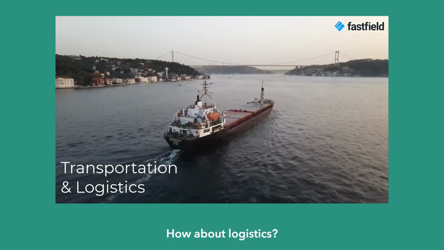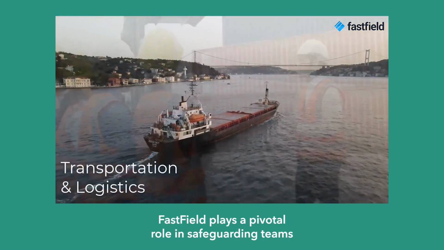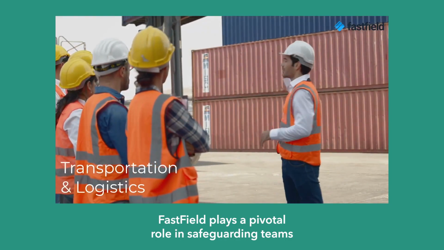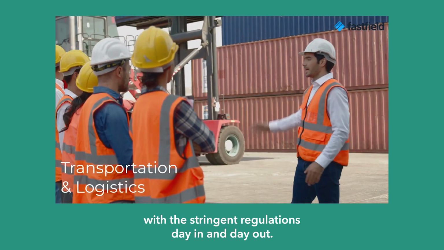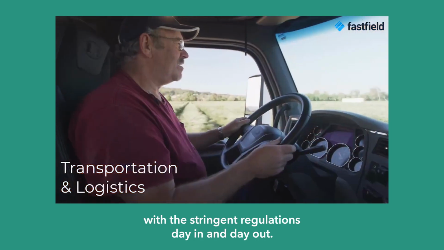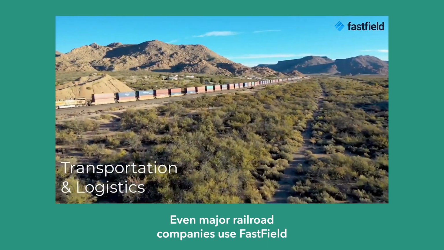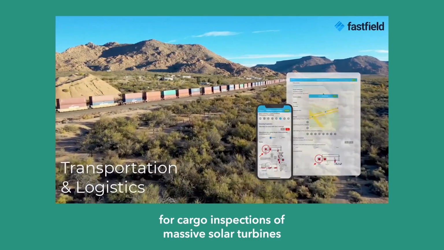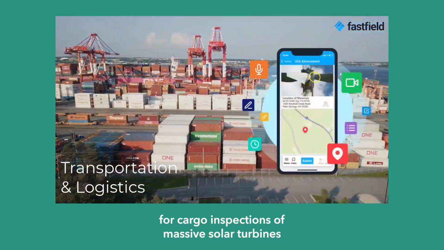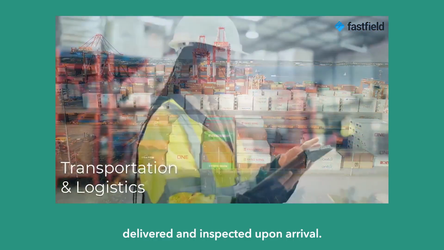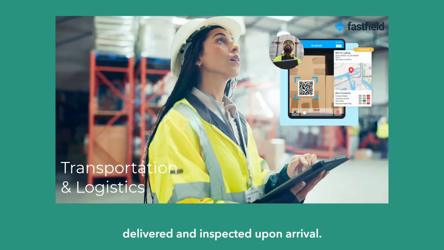How about logistics? FastField plays a pivotal role in safeguarding teams and ensuring compliance with the stringent regulations day in and day out. Even major railroad companies use FastField for cargo inspections of massive solar turbines delivered and inspected upon arrival.